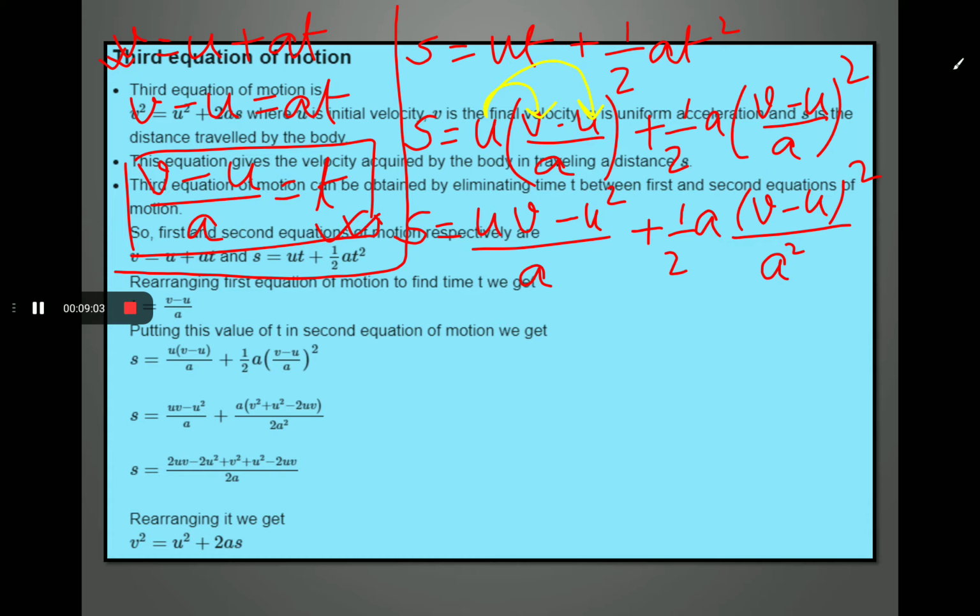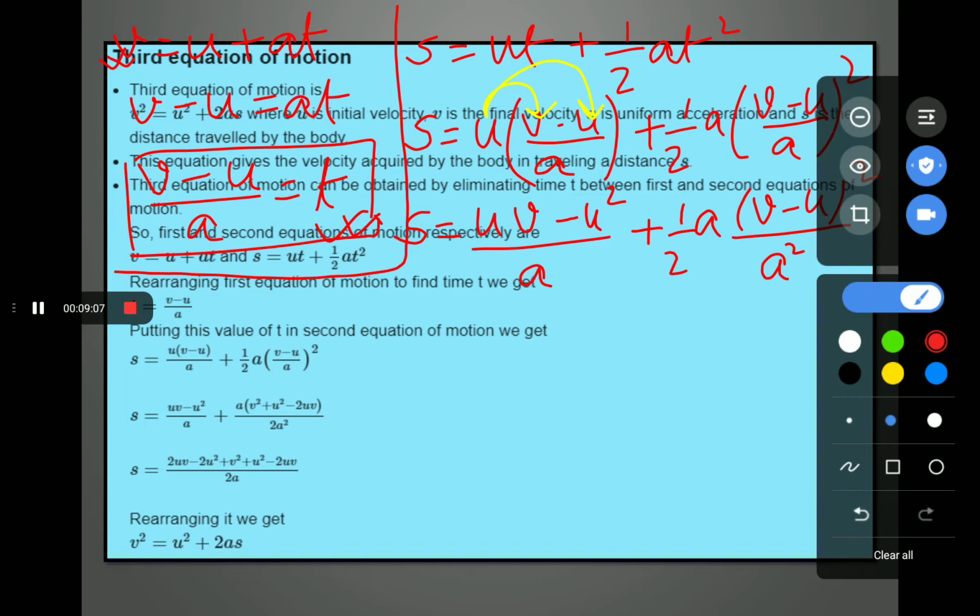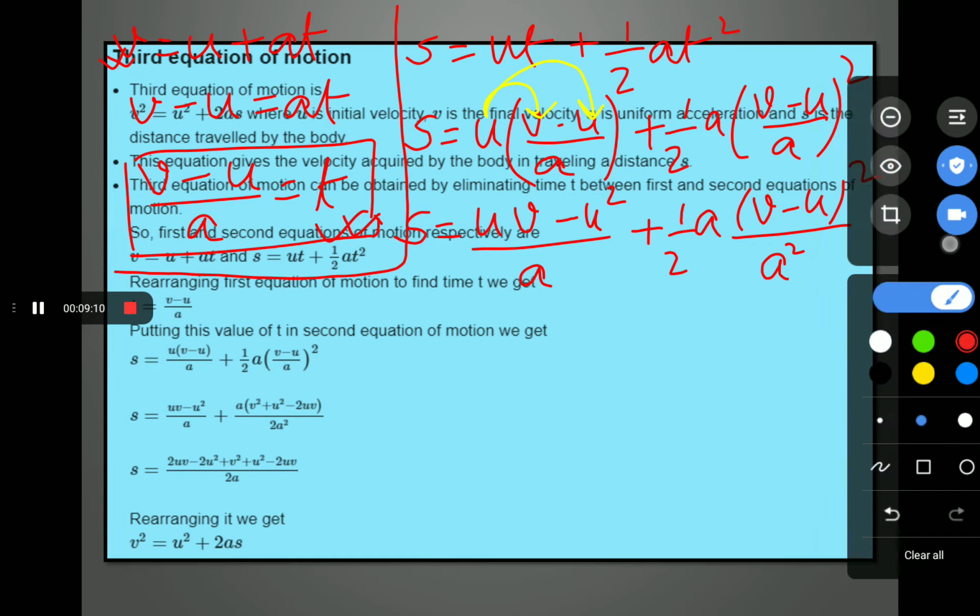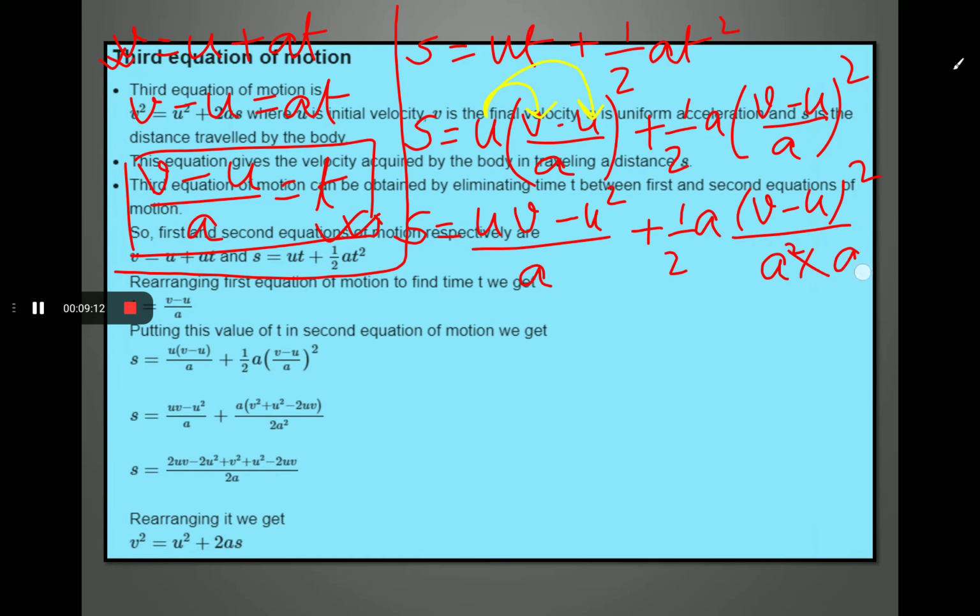Now students, here a square can also be written as a into a, meaning acceleration into acceleration. That means here the acceleration can be cancelled out.